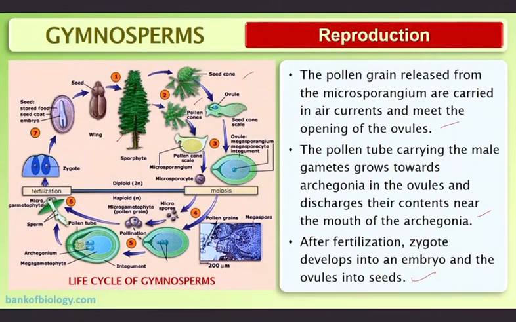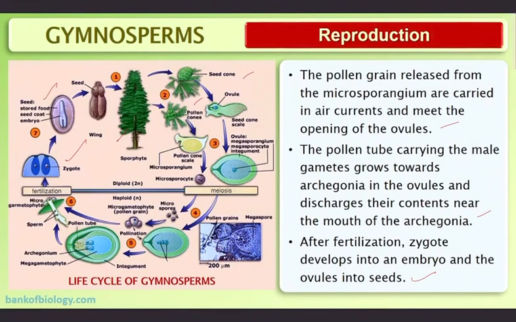So here you can see the presence of the sporophyte, the adult plant, and this has microsporophyll and megasporophyll. Microsporophylls bear microspores, pollen cones, strobili we say, and both of them produce the microspore as well as the megaspore. Fusion of that takes place.